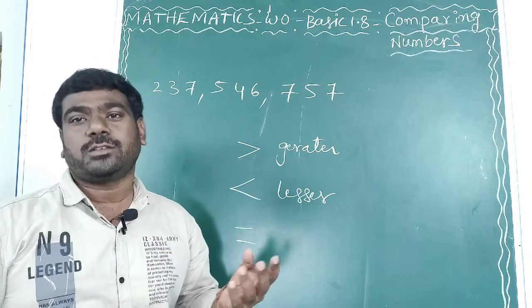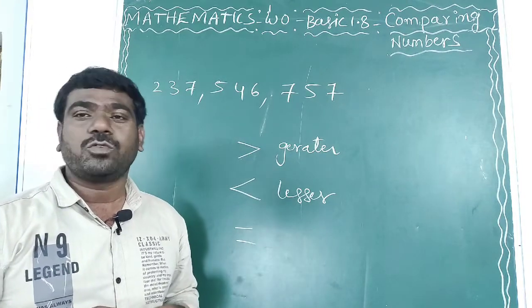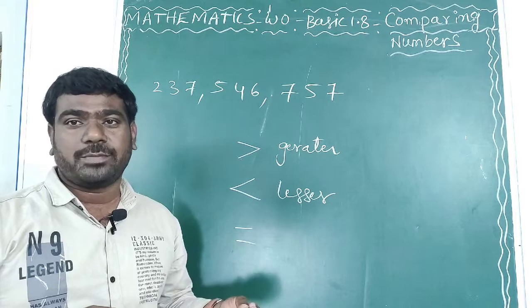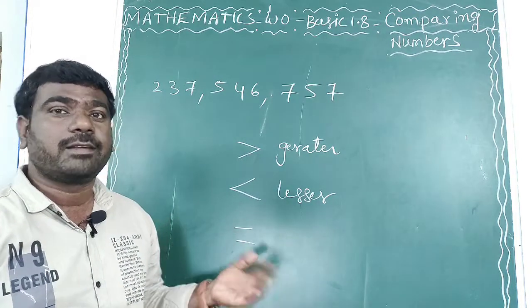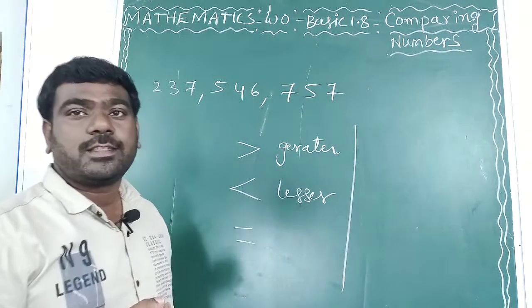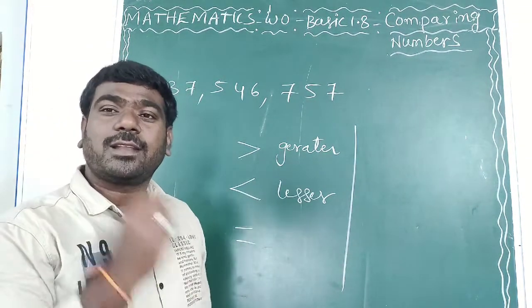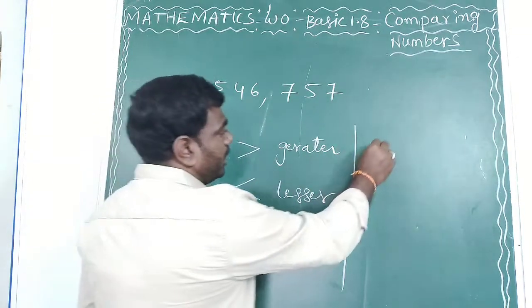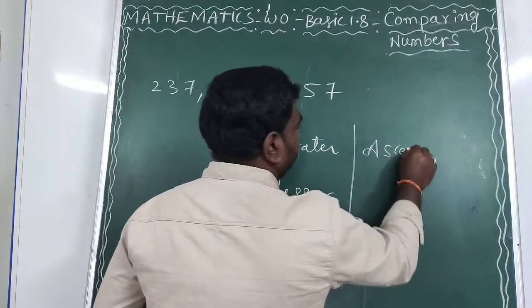Suppose more than two numbers are there. How to compare? Then we have to arrange those numbers in some order. What is that order? Ascending order.